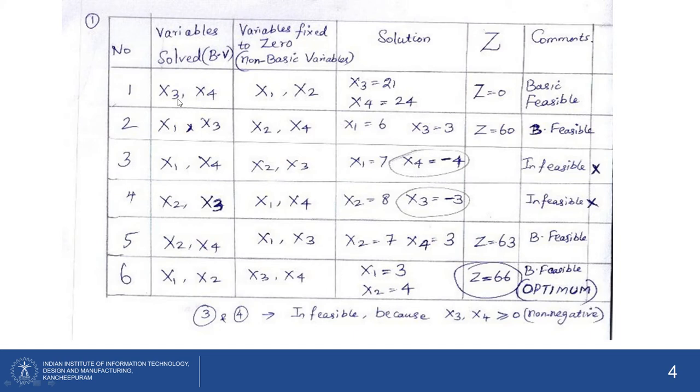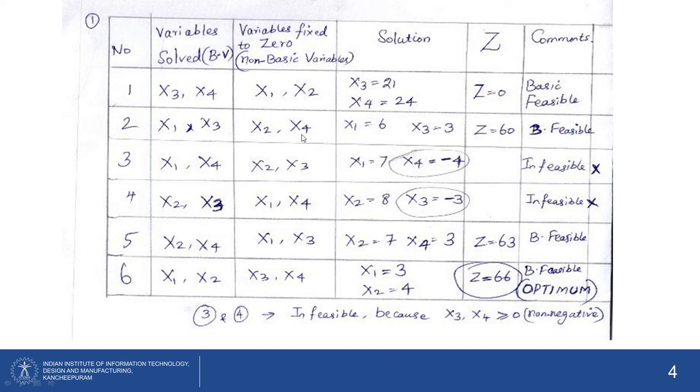Initially, the easiest way to solve the problem is assuming x1 and x2 are 0. We have to find the solution for x3 and x4. So x3 and x4 are called basic variables, the variables that have to be solved, and non-basic variables are the variables fixed to 0.